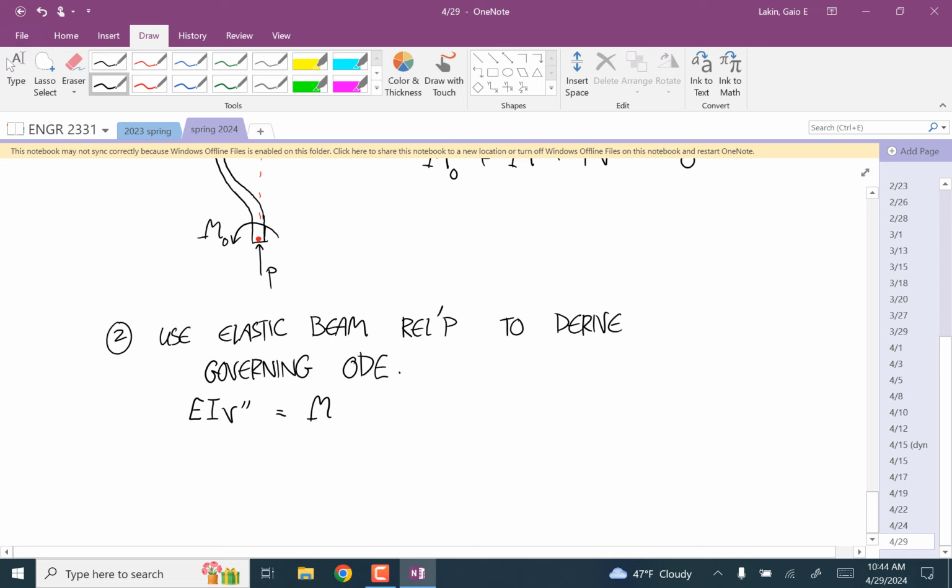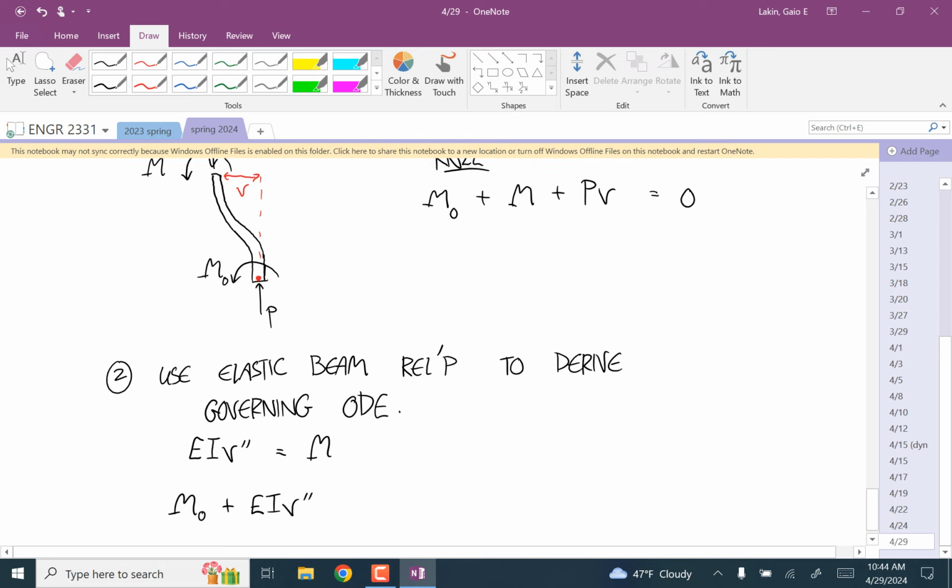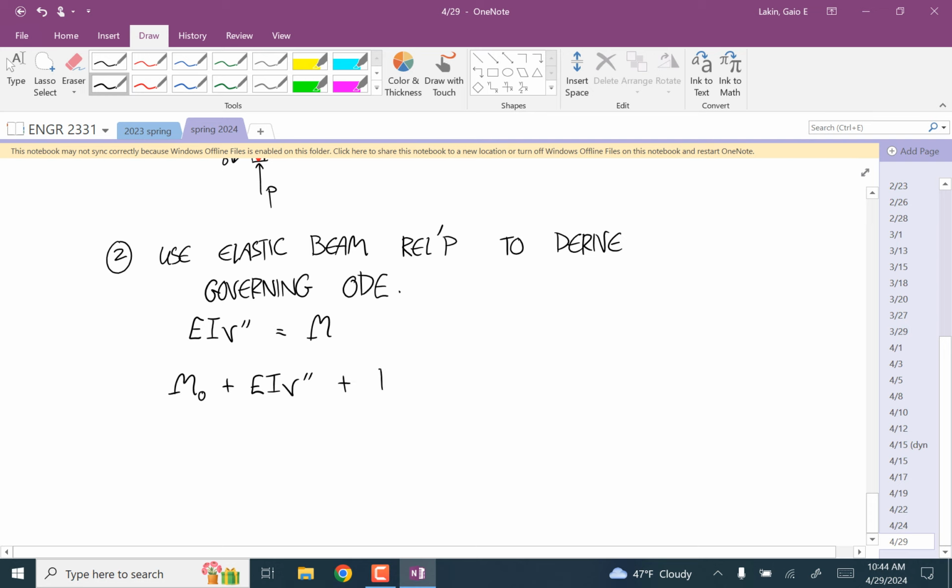And so we have M sub 0 plus EI v double prime plus P v is equal to 0. Rearrange this and you get v double prime plus P over EI times v is equal to negative M sub 0 over EI.